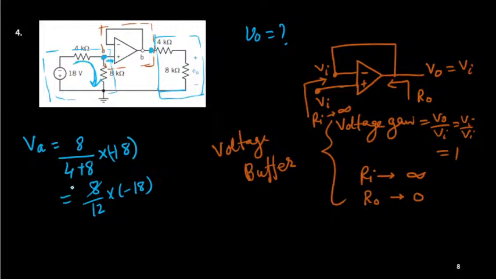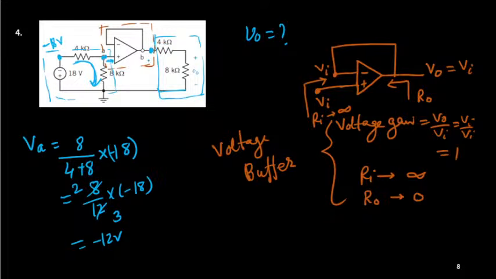So this is 2, this is 3, I think it is 6, yes, it is minus 12 volt. Perfect. So be careful about the sign, because this supply potential is minus 18 volt. Absolutely correct. Now can we find out V naught?